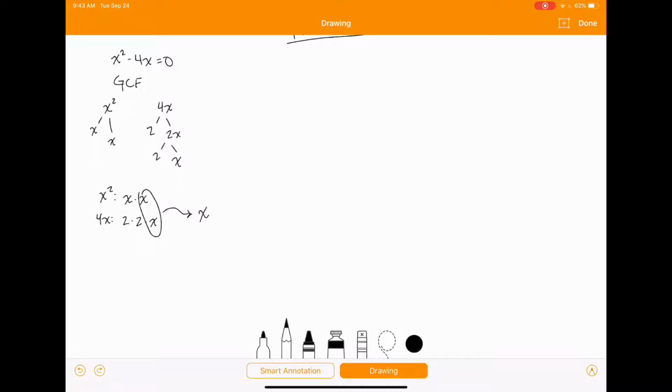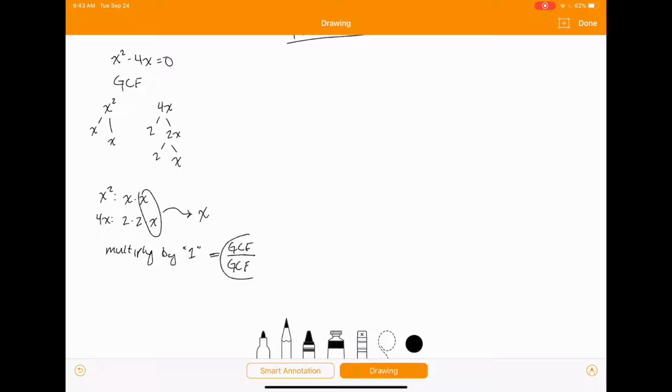And how you can do that is to multiply that whole equation by 1 by using the greatest common factor, but since we're multiplying by 1, we're just going to do the greatest common factor divided by the greatest common factor.